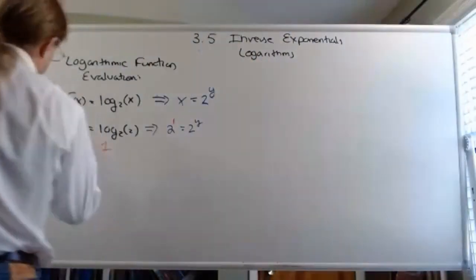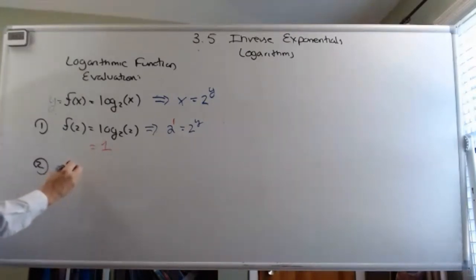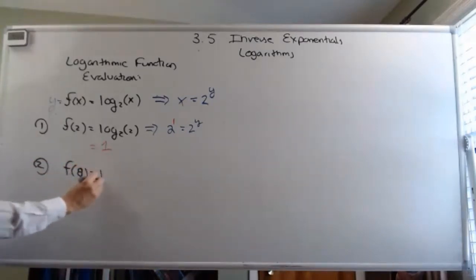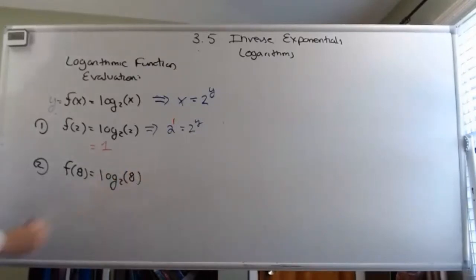Let's take a look at a couple more examples with the same function. See if you can figure this one out. If I wanted to compute f at 8. F at 8. See if you can figure that one out. So that's the log in the base 2 of the number 8.